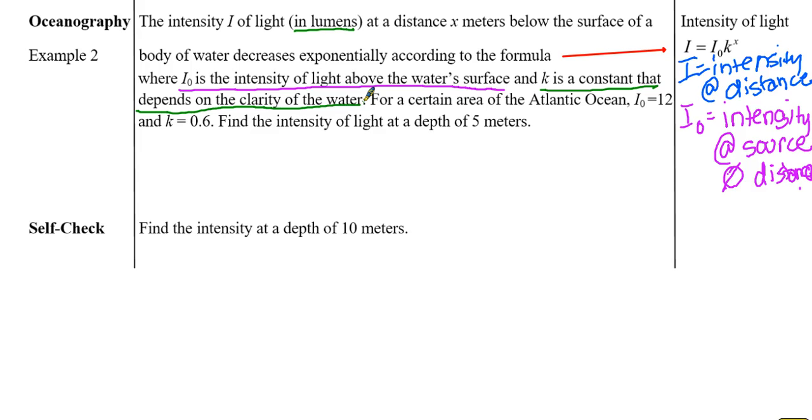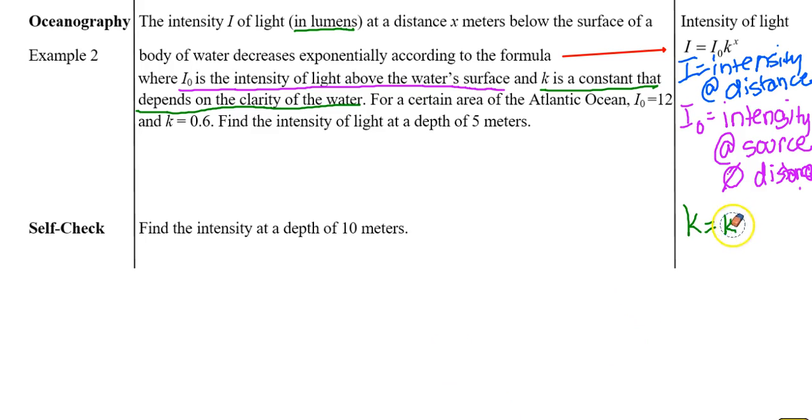Of course, if you're looking at really clear water, then the light's going to be more intense. But if it's cloudy and has a lot of little pieces of sediment floating, the light's going to bounce off that sediment, and not as much of the light's going to reach down very far. So k, you have to test the clarity of the water, but the problem tells you what it is, so you don't have to worry about that.